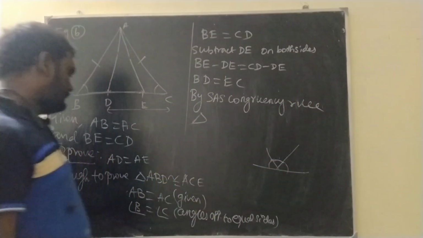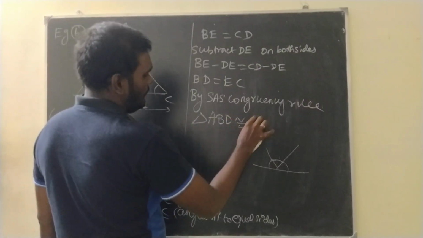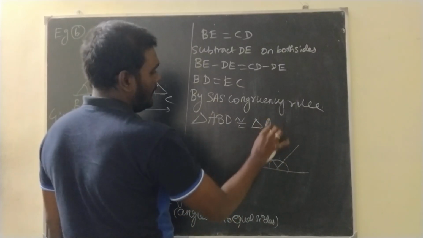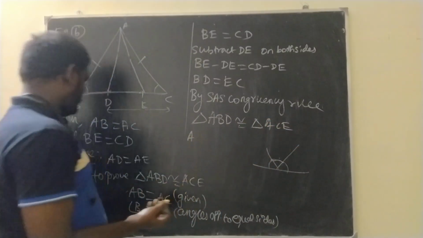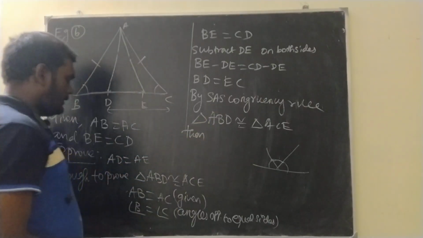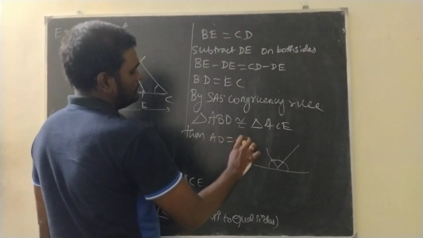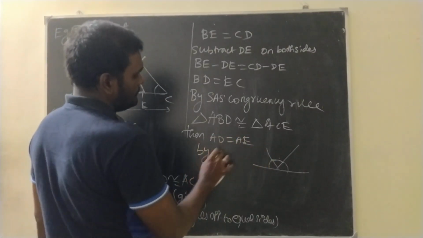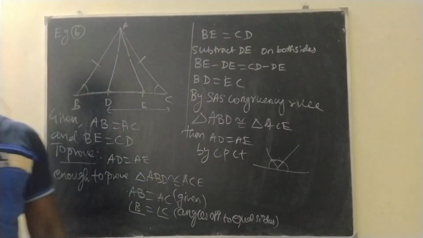This triangle ABD is congruent to triangle ACE, which means by CPCT, then we can say AD is equal to AE by CPCT. That is all.